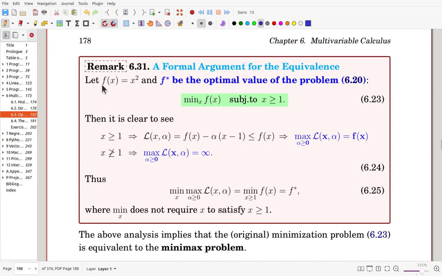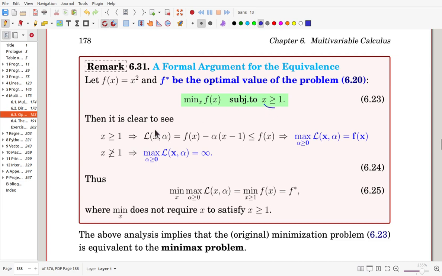Now we start with f of x equal x squared, and f star is the optimal value of the original minimization problem: minimization over x of f of x, subject to x is larger than or equal to 1.